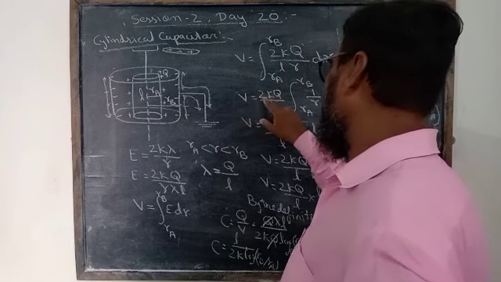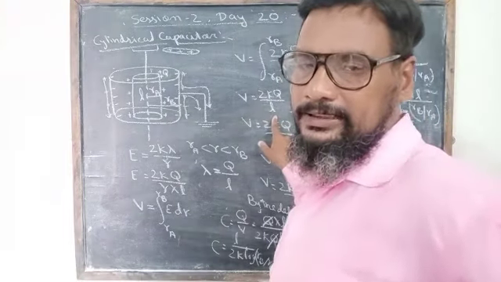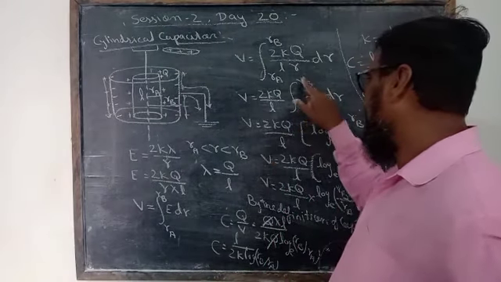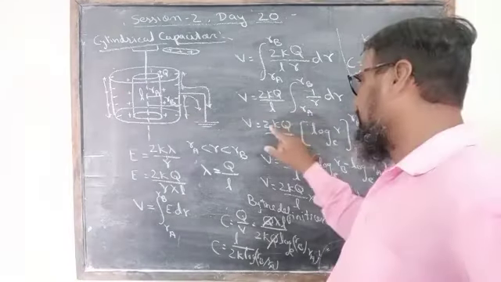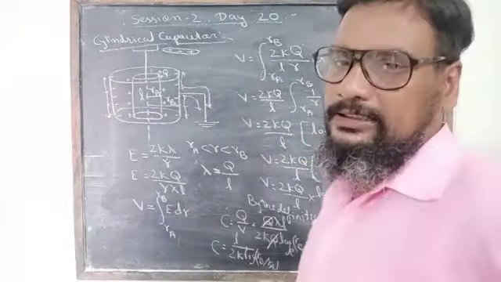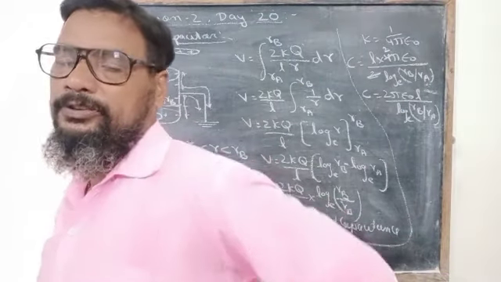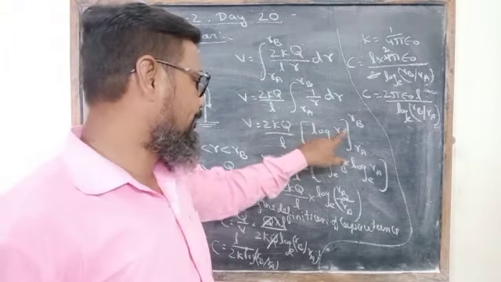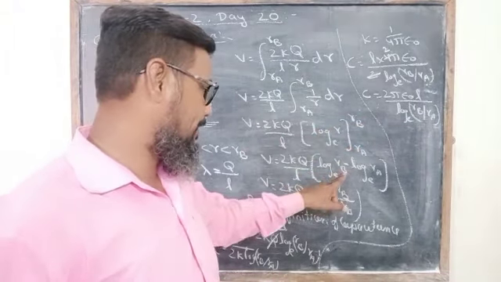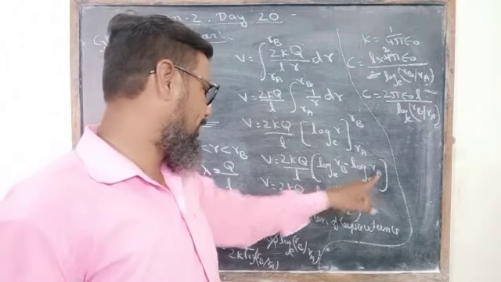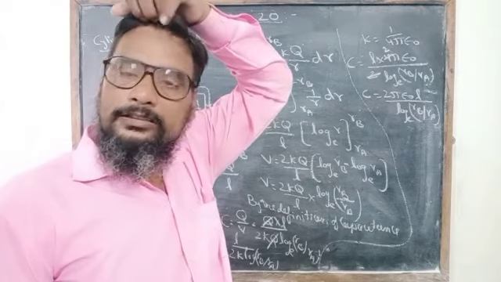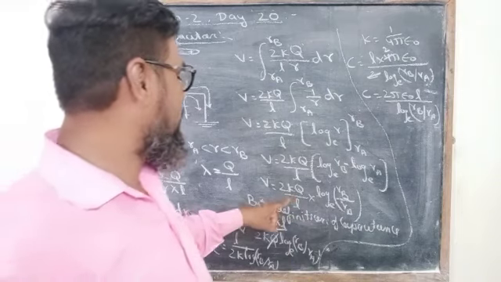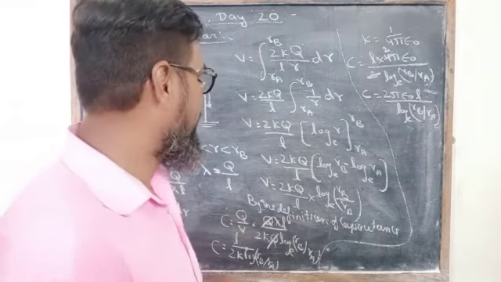Now V is equal to 2KQ upon L, which is a constant and can be taken out of the integration, times integral RA to RB of 1 upon R dr. The integration of 1 upon R dr is log R. Now we put log base E R with upper limit RB minus lower limit RA, and using the formula log A minus log B is equal to log A upon B, we get log RB upon RA.